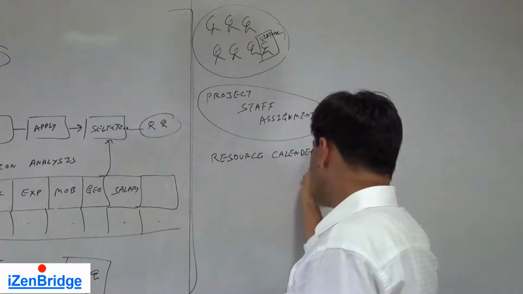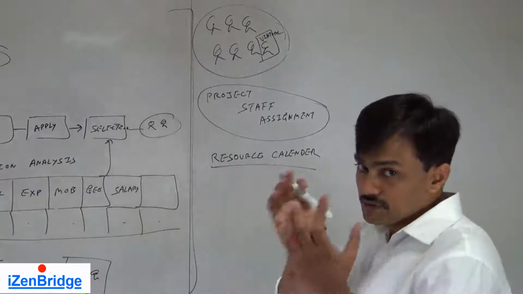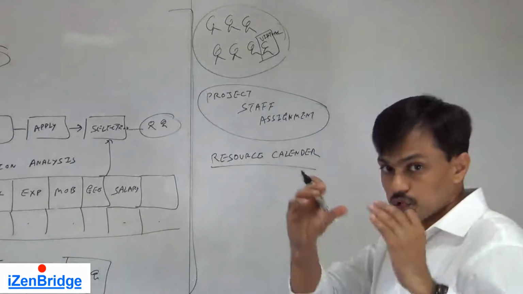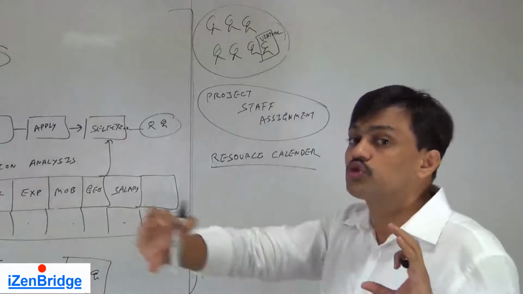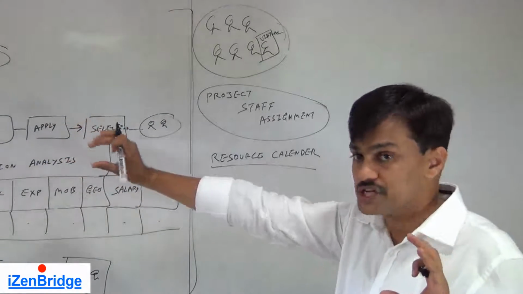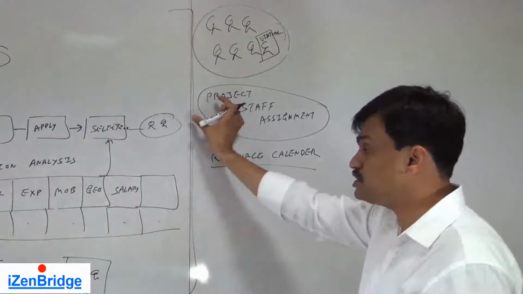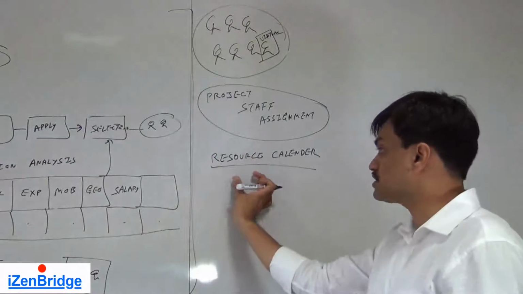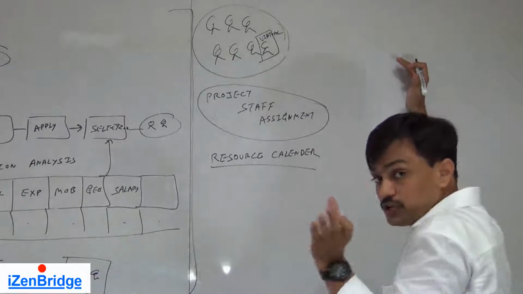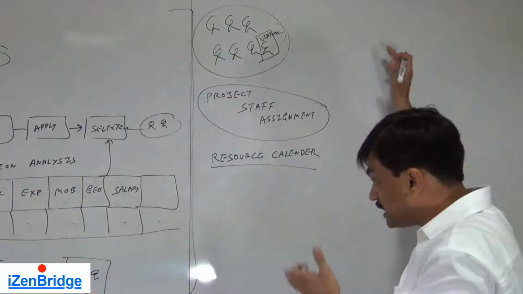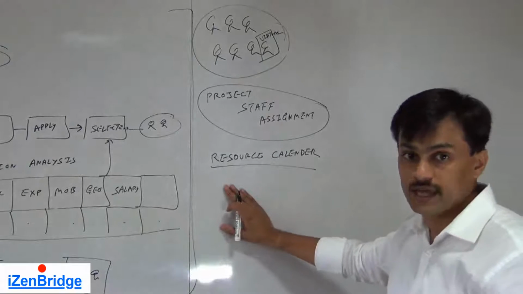Because resource calendar shows which person is allocated to your project and how the work is distributed to him throughout the project duration. So now you need to update, since you have people, you fit them in resource calendar, and if you have already identified activities against those particular skills, that can get reflected in resource calendar.